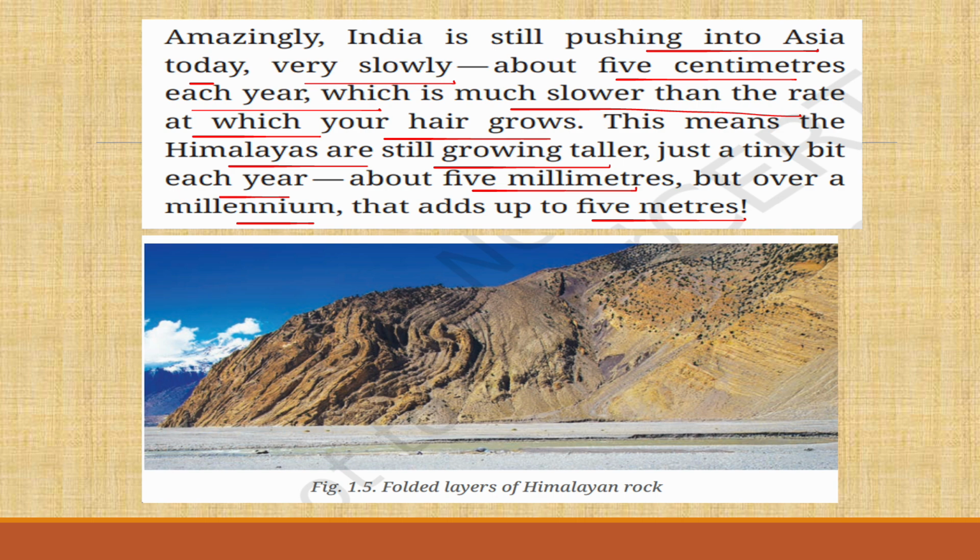It's a really small amount, but if you wait for 1,000 years, all those tiny bits of growth add up and the Himalayas will become about 5 meters taller. So these giant mountains are still growing, just very slowly.